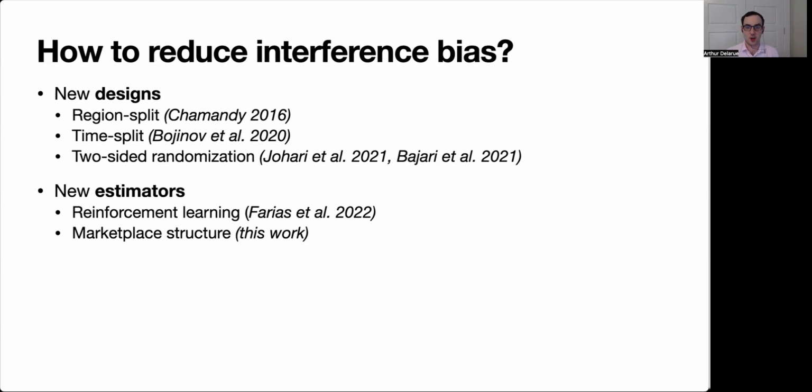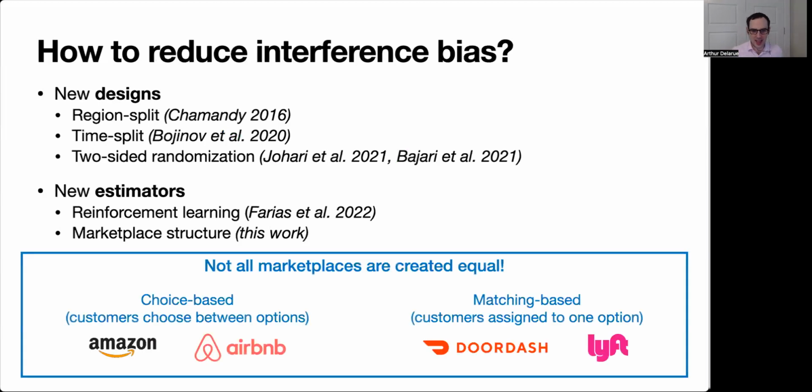The key idea behind our work is to figure out how interference can be directly captured by the way the marketplace is structured. A key insight in our work is that not all marketplaces are the same. We're going to differentiate between marketplaces where users have a lot of choice, for example Amazon or Airbnb, where once a user has been presented with a set of options, the user can decide what to do.